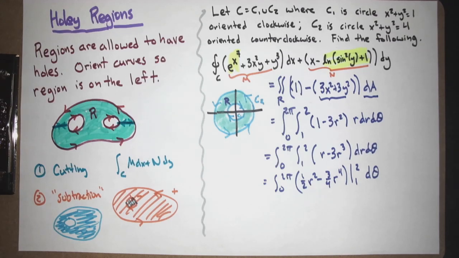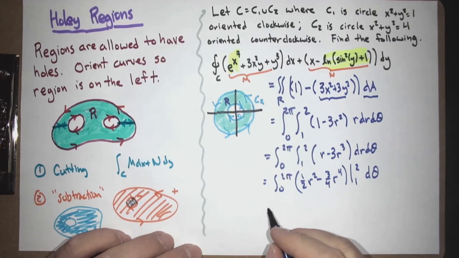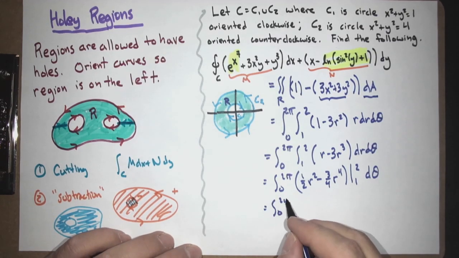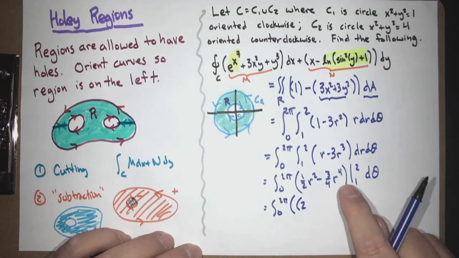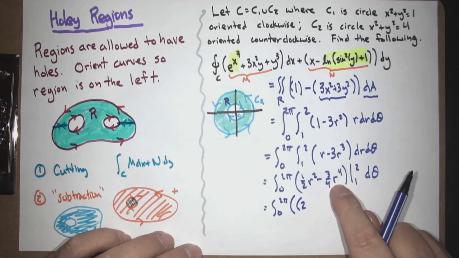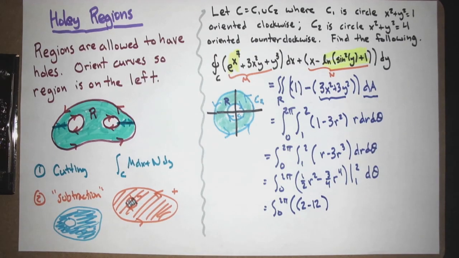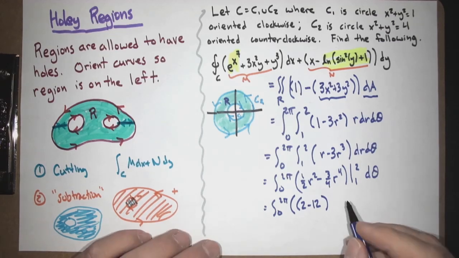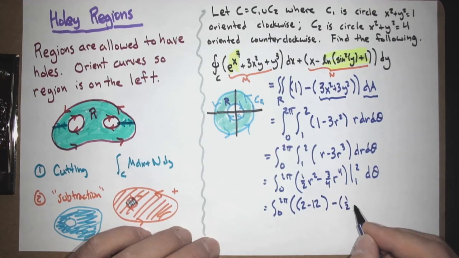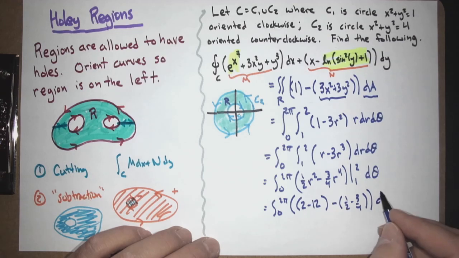So 1/2 times 2 squared would be 2. 3/4 times 2 to the 4th will be 12. This is really 3/4 times 16, or 3 times 4. Subtract 1/2 minus 3/4. And integrate that d theta.